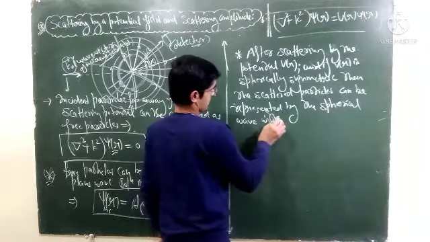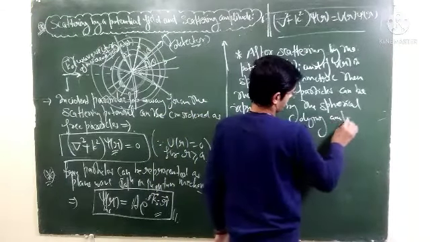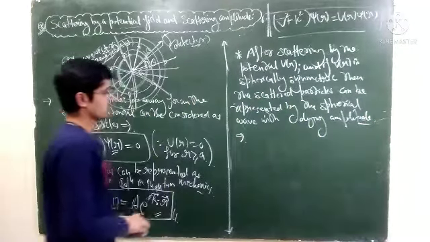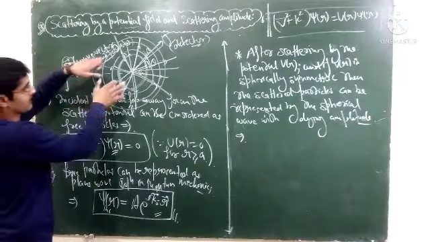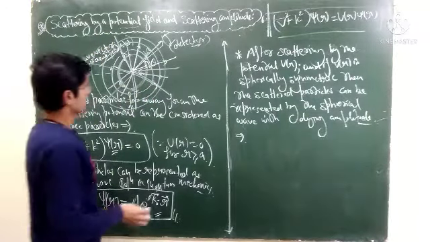With, we can say, dying amplitude. So what it means is that the plane wave is coming, and after scattering there is this outward spherical wave.